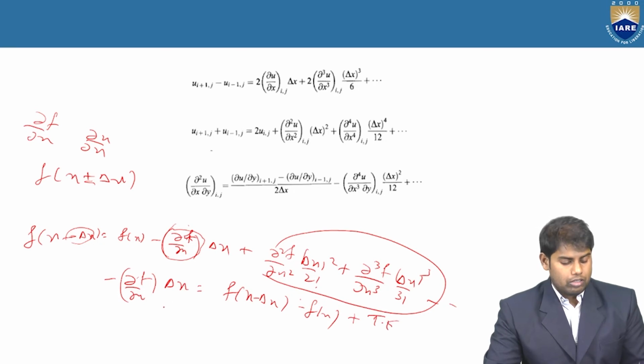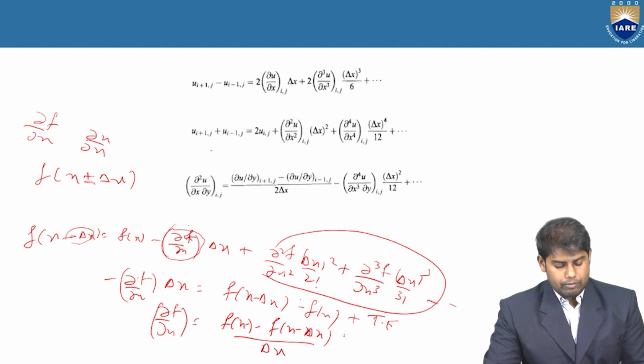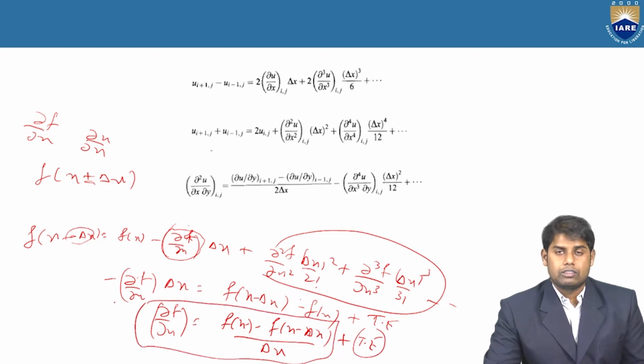Therefore dou f by dou x will be equal to f of x minus f of x minus delta x, divided by delta x, plus the truncation error term. This is the formula for the backward difference method.